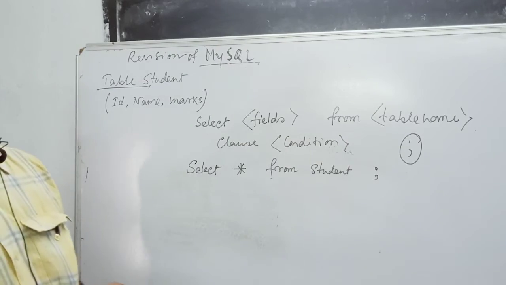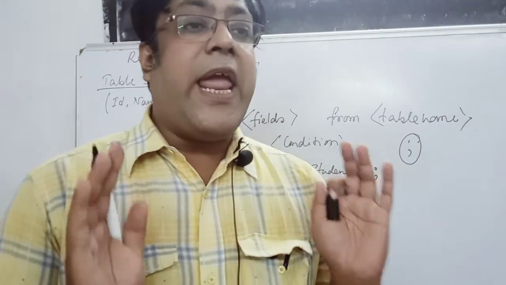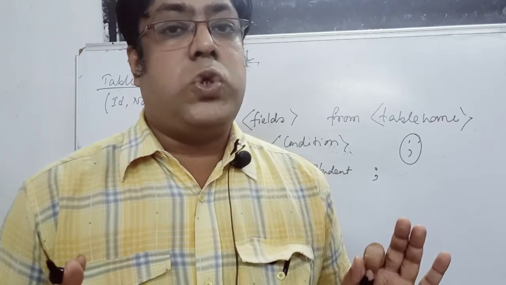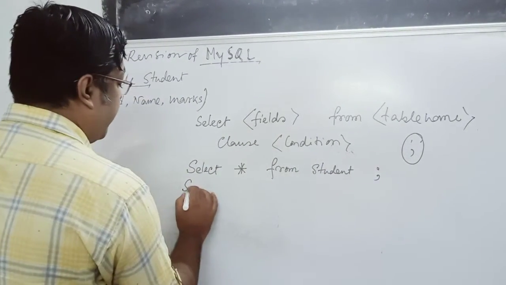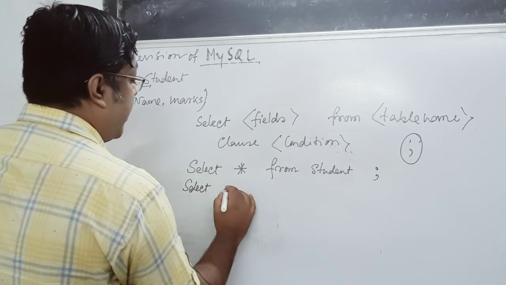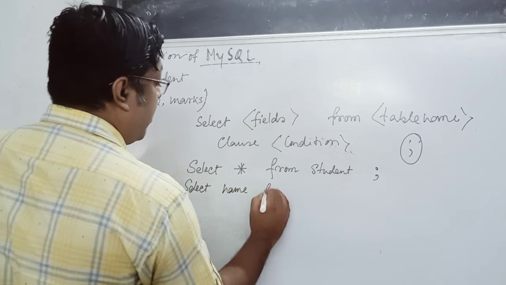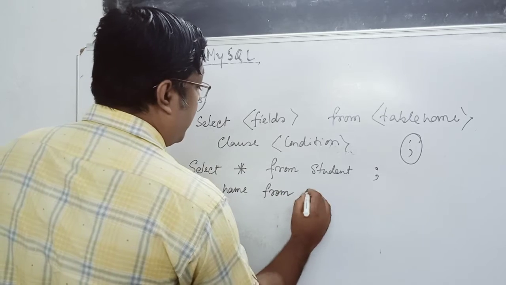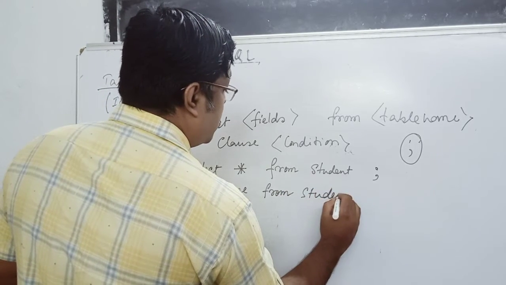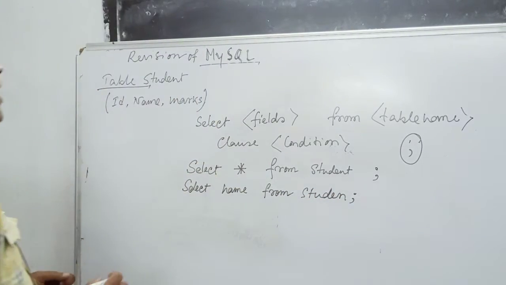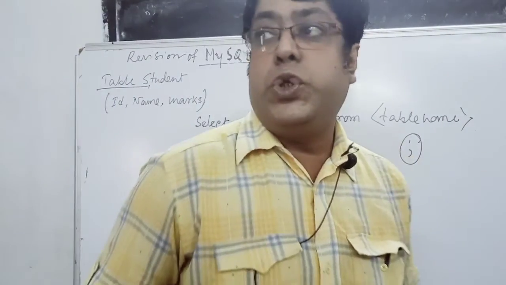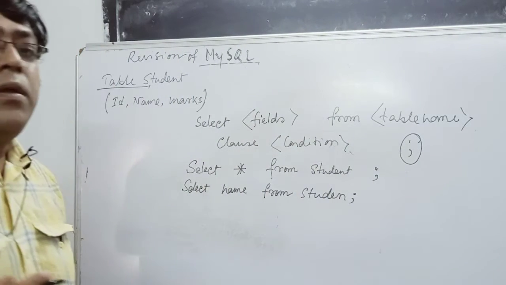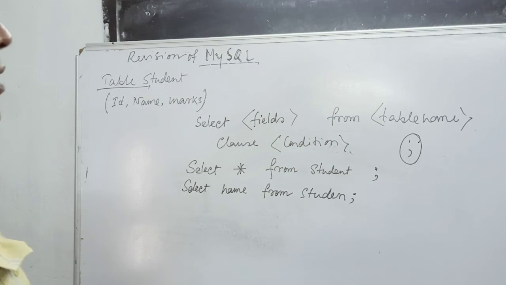Now we want to see only the name of the students from our student table. Then we write SELECT name FROM student. So only the name attribute will be shown from the student table.